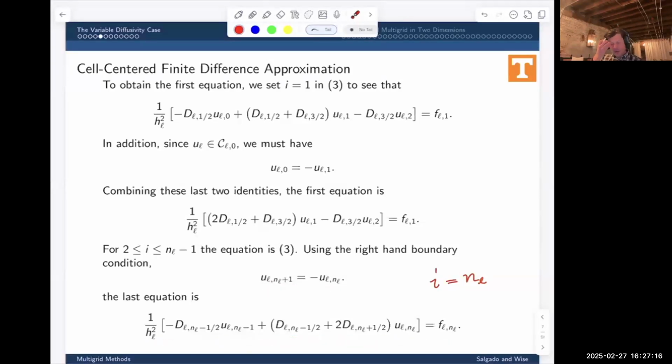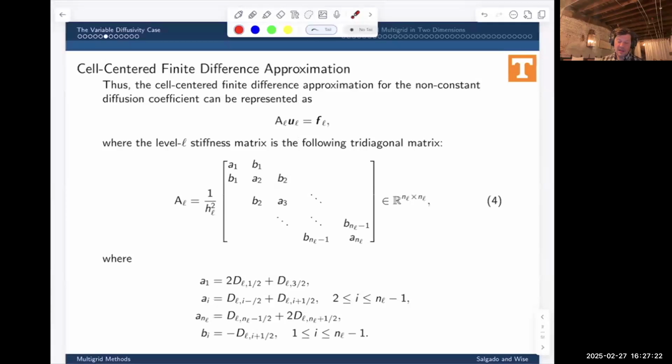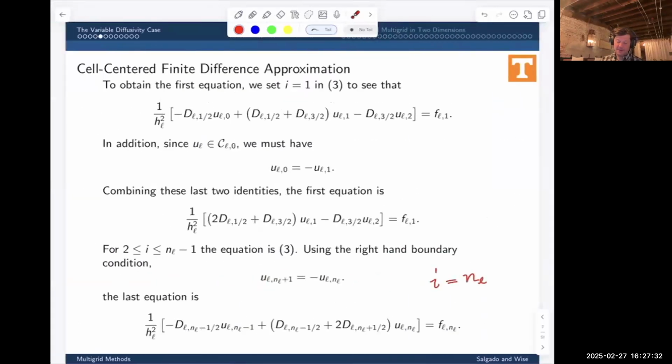That tells me how I can pick off these coefficients and build a coefficient matrix. So you can see pretty easily, at least I hope, that the level L stiffness matrix, which is what I'm going to call my coefficient matrix, is going to be tridiagonal. So here's kind of evidence of it. For the first equations, I'm going to have two coefficients for my coefficient matrix, and all the other coefficients are going to be zero.